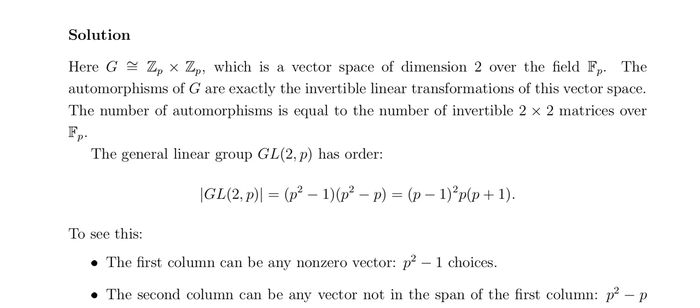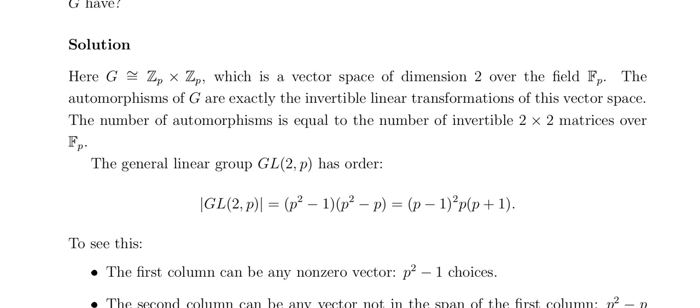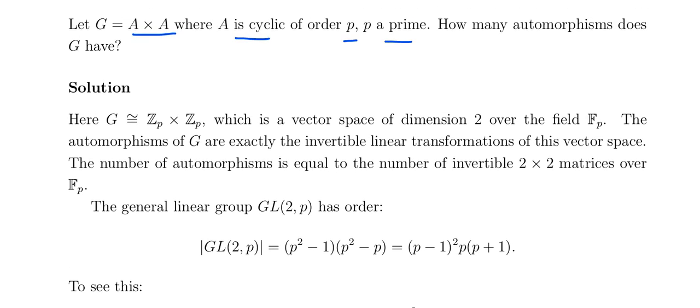This is a very important result for competitive examinations. G is A cross A, where A is cyclic of order p. So G is isomorphic to Z_p cross Z_p, which is a vector space of dimension 2 over the field F_p. The automorphisms of G are exactly the invertible linear transformations of this vector space.